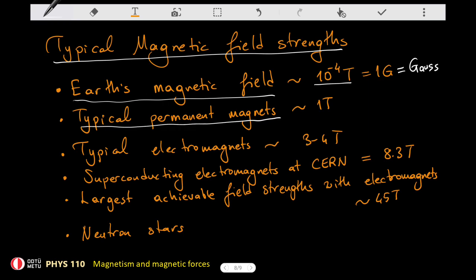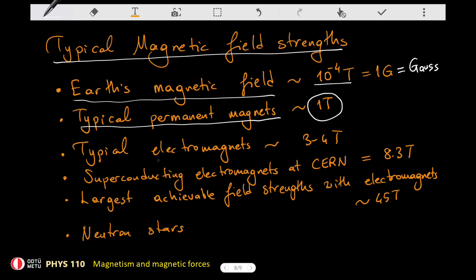A typical permanent magnet. There are different kinds of permanent magnets. We are going to talk about the source of magnetism when we talk about these permanent magnets, but that's later. Typically these are like a Tesla, right? Half a Tesla, 0.1 Tesla or something like that, but usually around 1 Tesla.